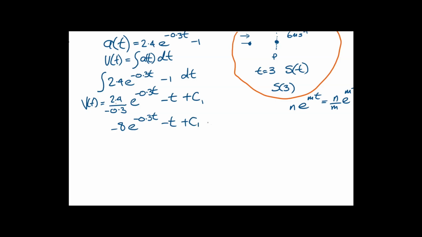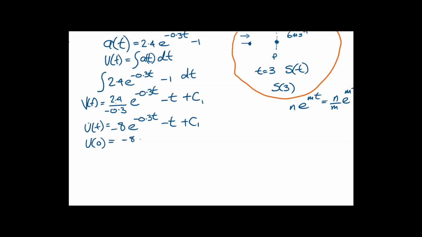And we're told that the initial velocity, when t equals 0, v of 0 is equal to 6.